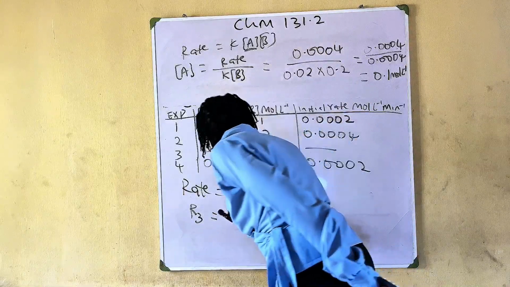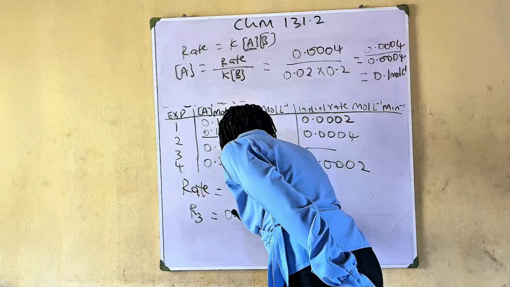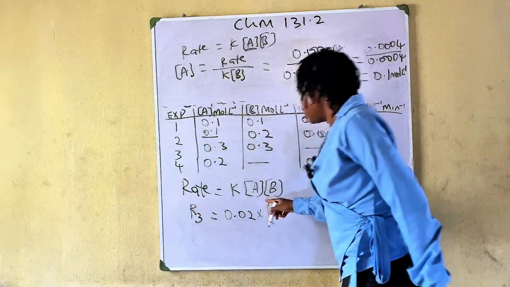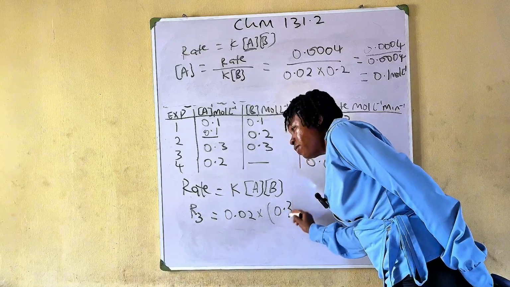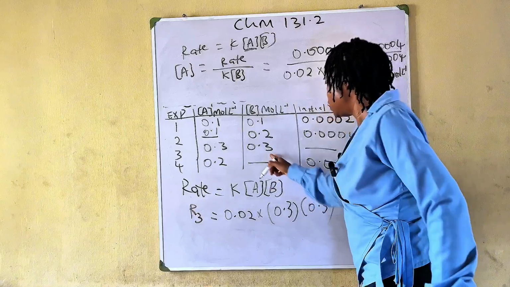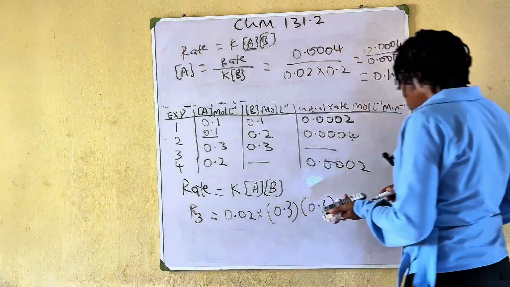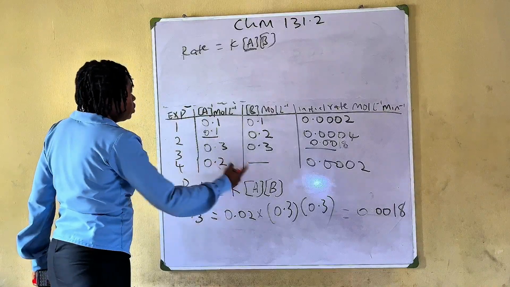The rate constant is 0.02 times, for experiment 3, I have 0.3 for the concentration of A, times 0.3 for the concentration of B. So 0.018.